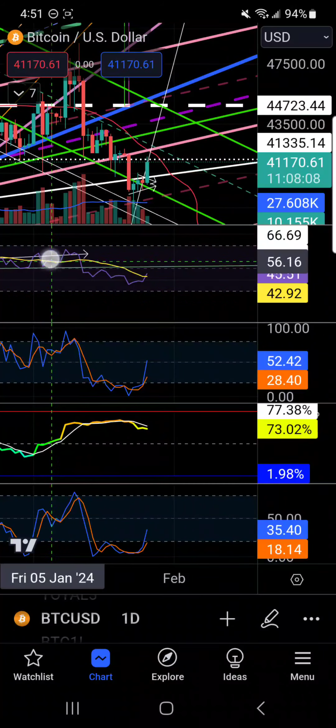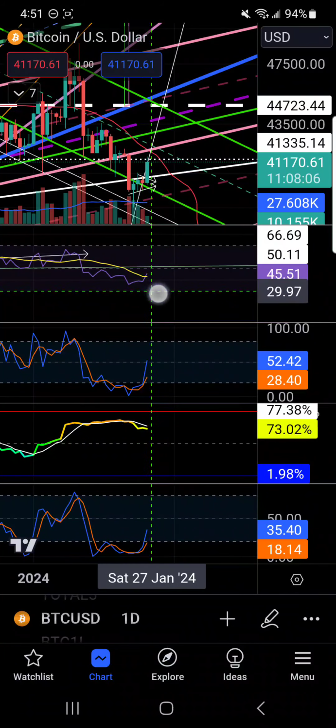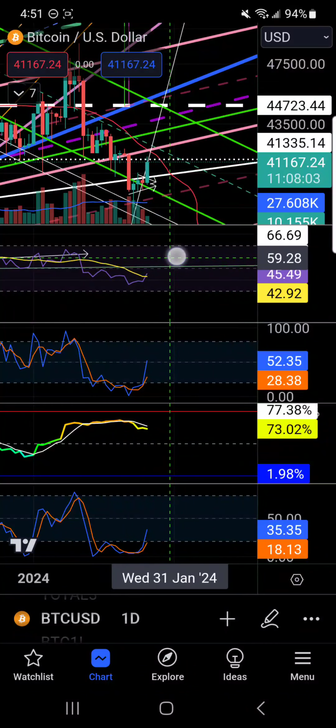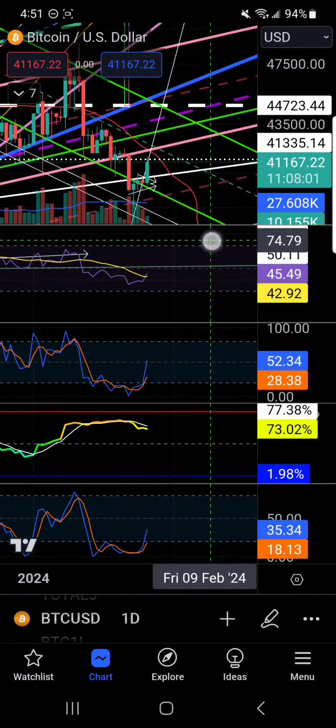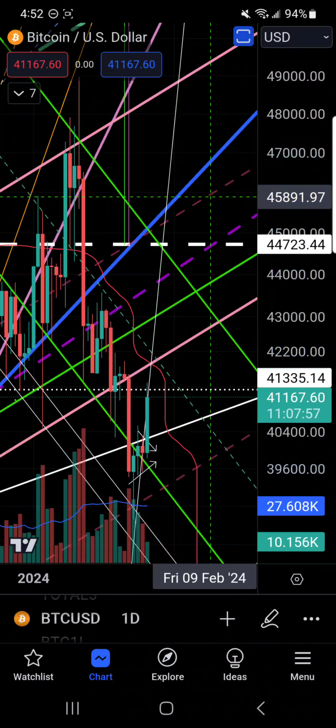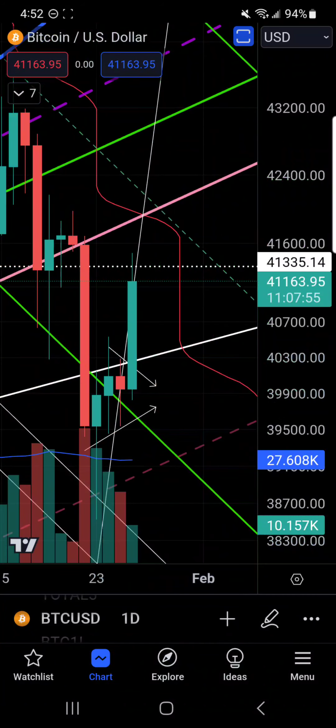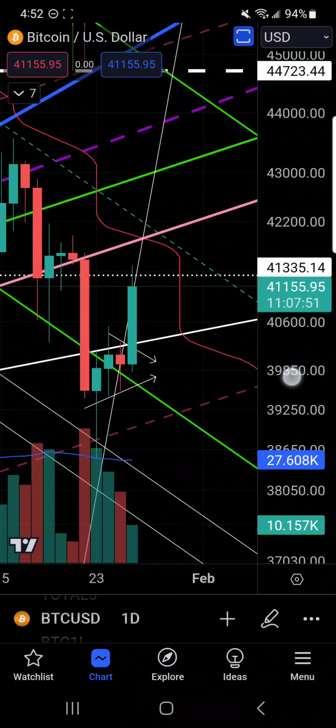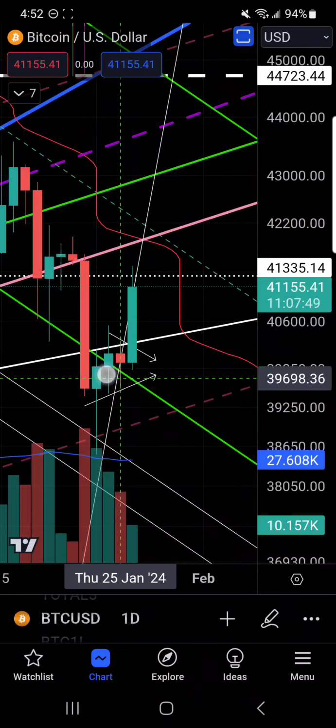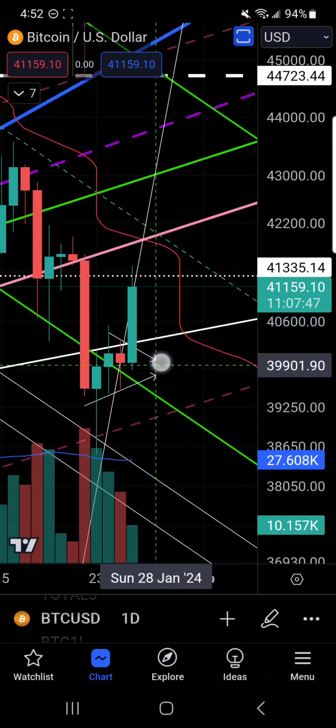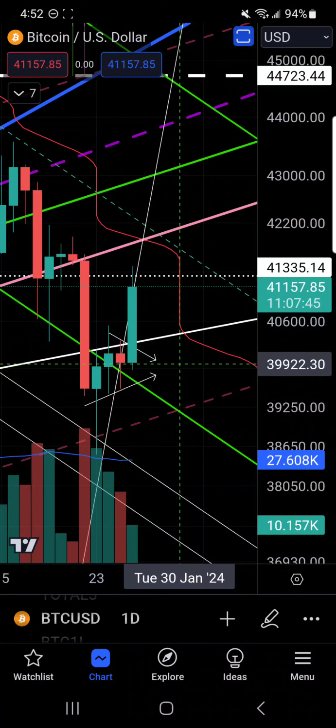It's reset from its bearish divergences and everything. It's ready to make a nice move upwards. And let's just go to our 1 day chart. We're at 41,150, coming down from the 39.40 region.